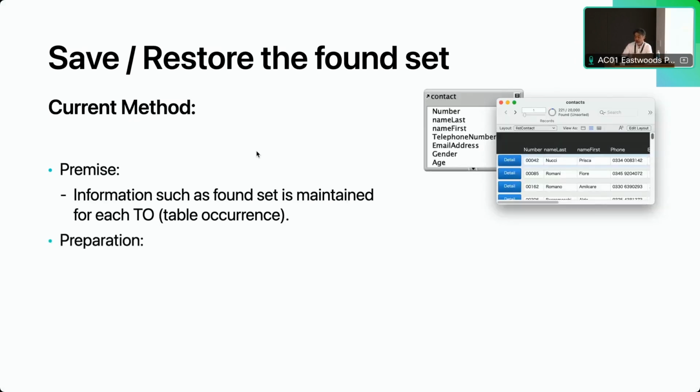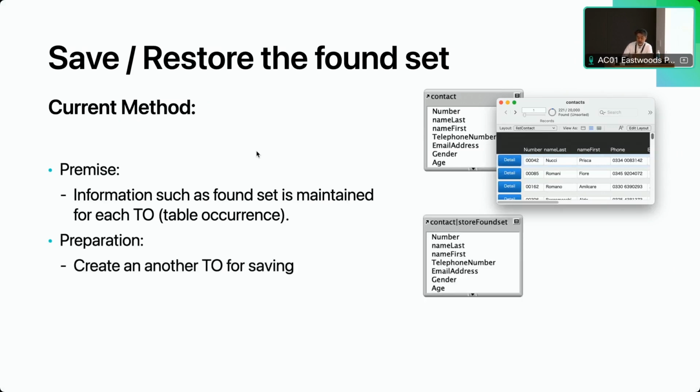The idea is to create another TO in the same table. This TO is used to store the found set. Since the purpose is not to refer to data mutually, the relationship is not connected. And we'll also prepare a layout with this TO assigned to it.